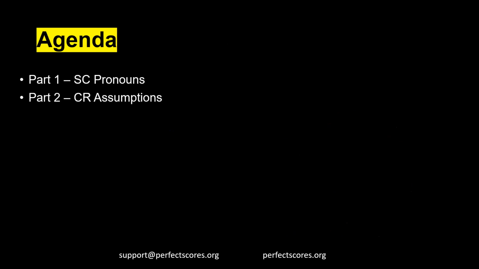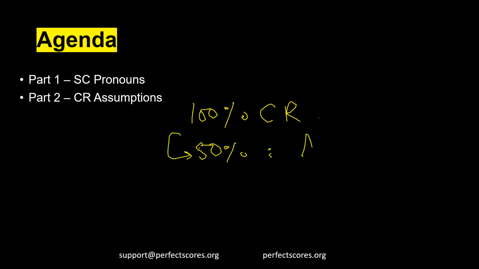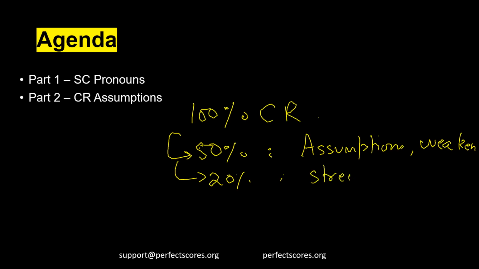Now, one point that I failed to mention is that out of the 100% of CR questions, about 50% are based on assumptions and how you weaken a particular argument. And about an extra 20% may be based on how you strengthen an argument.